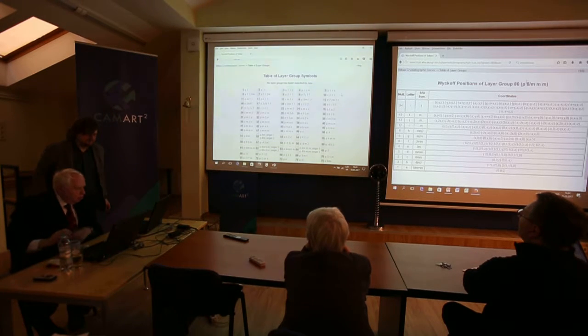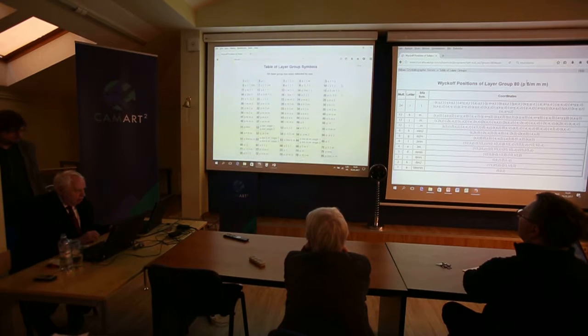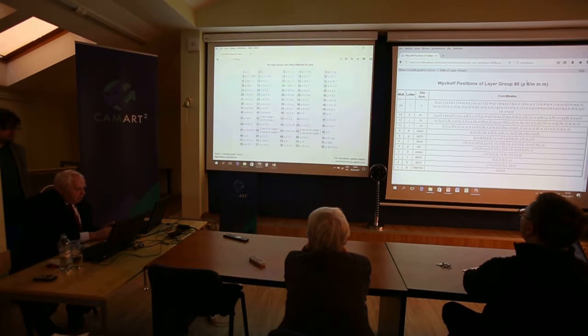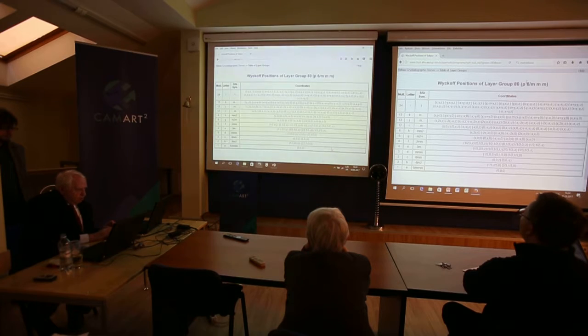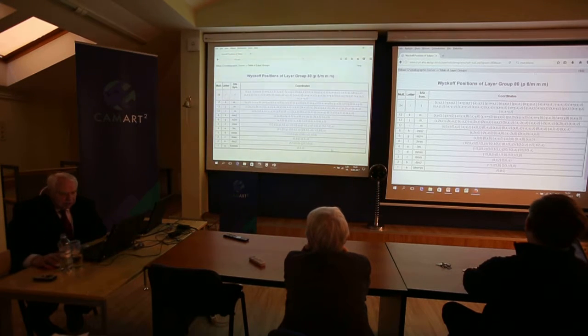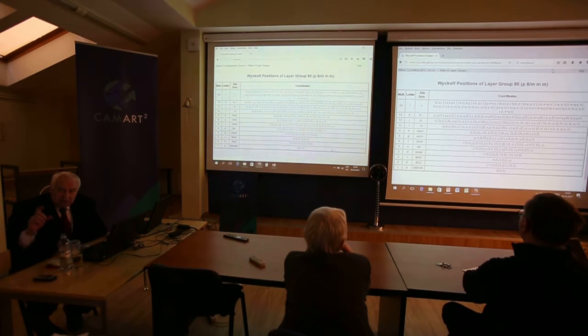And now open. I would like to show you what happens with Wyckoff positions when you have three-periodic and two-periodic groups. Now, these objects are three-dimensional. Therefore, x, y, z are here. But you have now, along the third direction, partial translations.